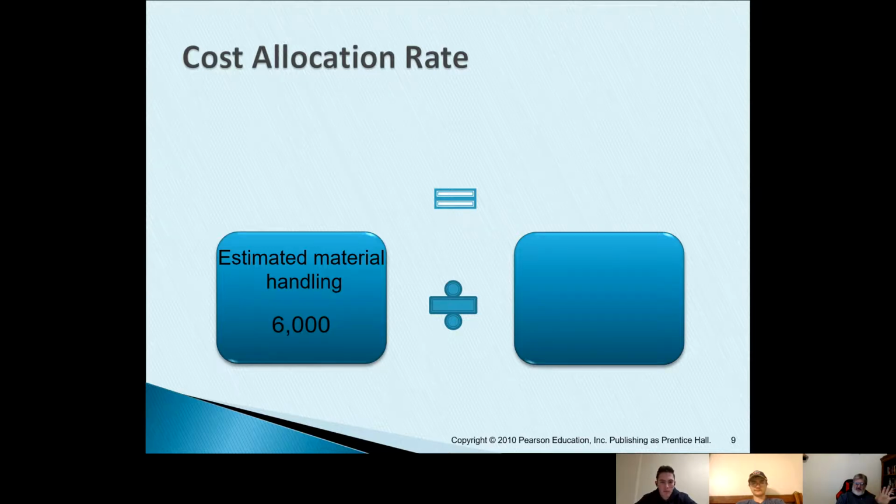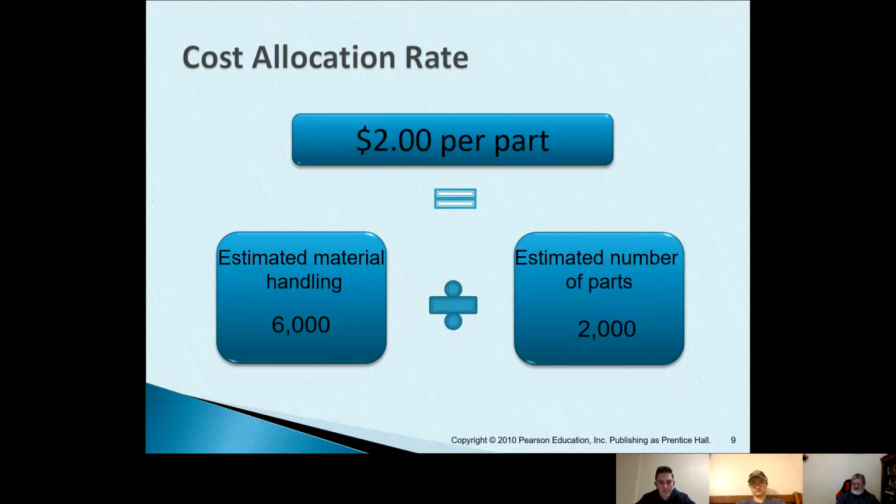That's what my material handlers cost me for a month. Estimated number of parts: we're going to estimate that they're going to move 2,000 parts through the course of that month. It's going to cost me $2 per part to pay the material handlers to be able to drive a forklift.